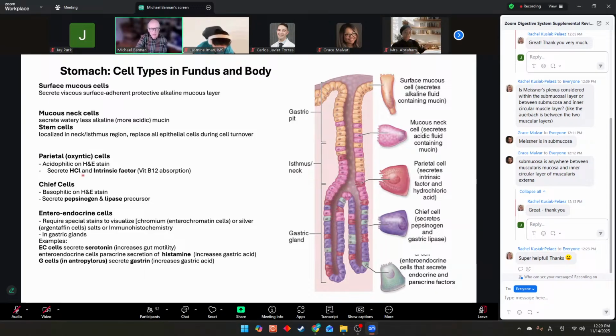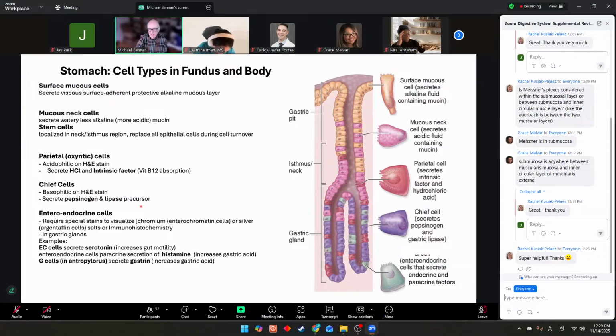Now, one of the other major components that the gastric mucosa contributes to digestion is digestive enzymes. And these are produced in the chief cells, which stain basophilic or blue on the H&E stain section. And they make pepsinogen and a precursor lipase.